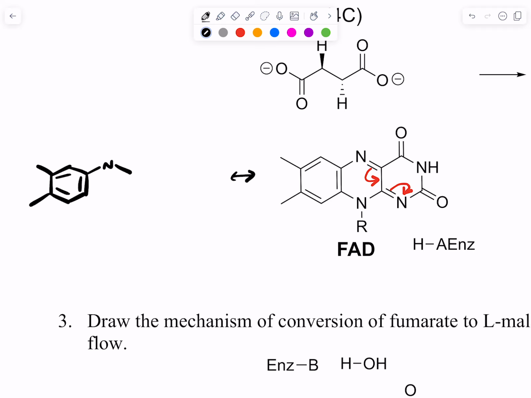This nitrogen, which I just took electrons away from, would have a positive formal charge. There would be a pi bond here, and then this nitrogen I just gave electrons to would have a negative formal charge.